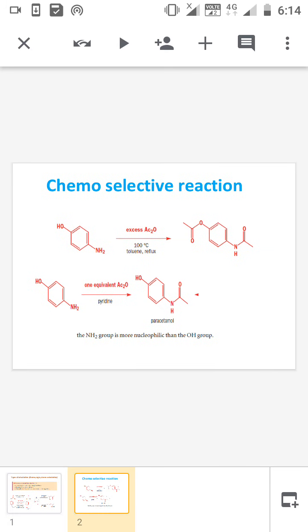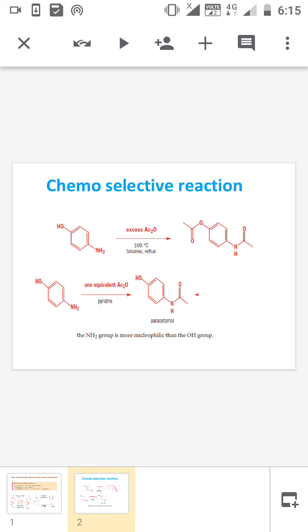This is mainly because, comparing the reactivity of OH and NH2, the NH2 is more nucleophilic than the OH group. So definitely the reagent will attack the more active functional group. That's why we get paracetamol and leave the other functional group. So that functional group is inactive for this particular reagent.